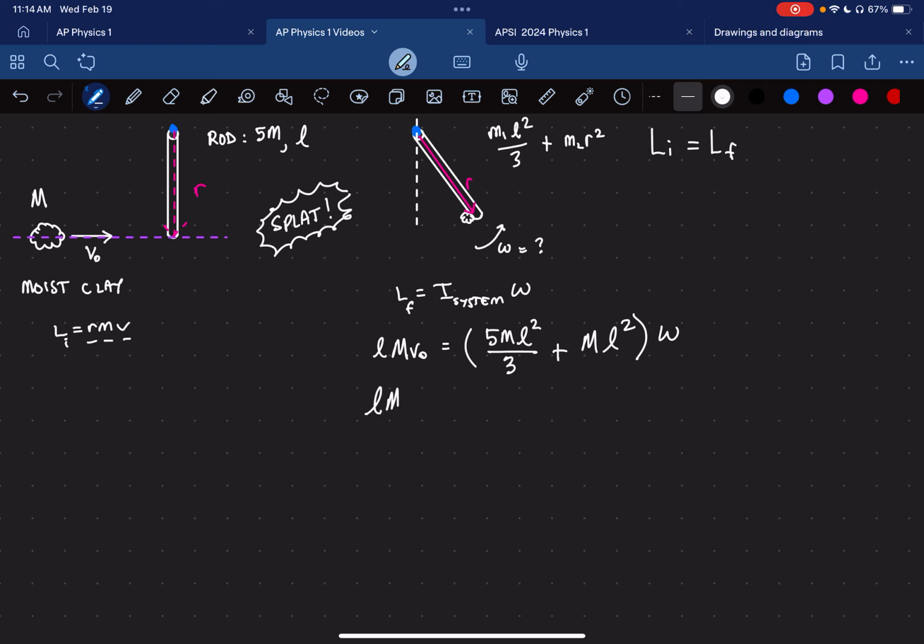Cool, and let's just clear up this fraction in here. So this is 5/3 ML squared plus ML squared. We'll get a common denominator of 3. And so that's 5ML squared over 3 plus 3ML squared over 3. So this is 8ML squared over 3 times omega.